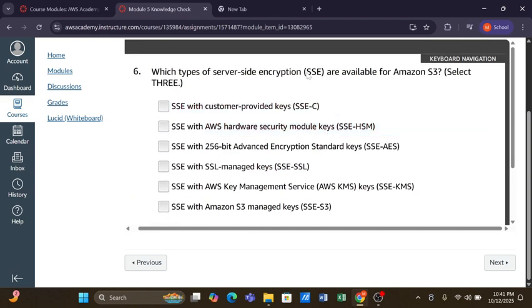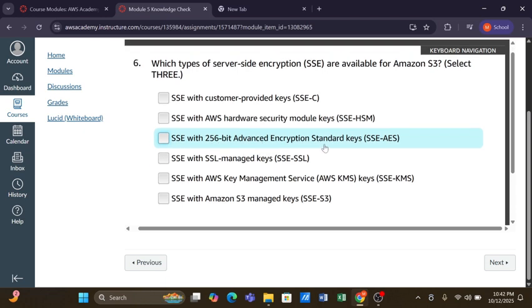Which types of server-side encryption (SSE) are available for Amazon S3? We have to select three options. The options are SSE with customer-provided keys (SSE-C), SSE with AWS hardware security module keys (SSE-HSM), SSE with 256-bit Advanced Encryption Standard keys (SSE-AES), SSE with SSL-managed keys (SSE-SSL), SSE with AWS Key Management Service (AWS KMS) keys (SSE-KMS), or SSE with Amazon S3 managed keys (SSE-S3).